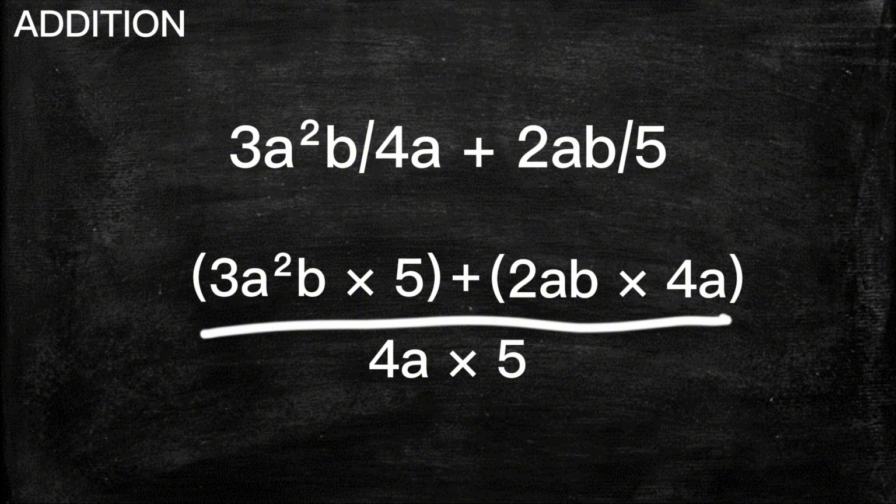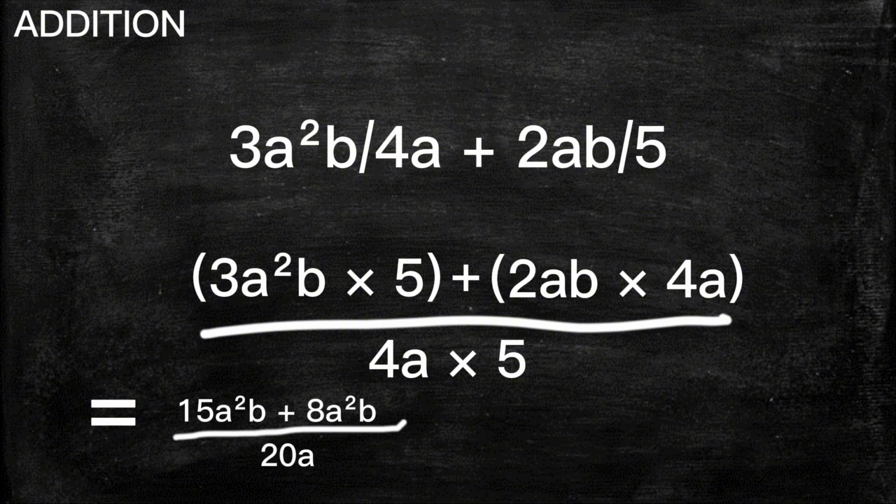3 times 5 will give us 15, and then nothing more. So our answer will be 15a squared b plus 2 times 4 will give us 8. A times a will give us a square, and then b, nothing more, we put b down. So that's for the numerator, all over 4a times 5. 4 will multiply 5 to give us 20, and then a has nothing to multiply, we bring a, so 20a.